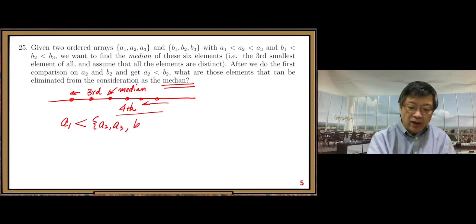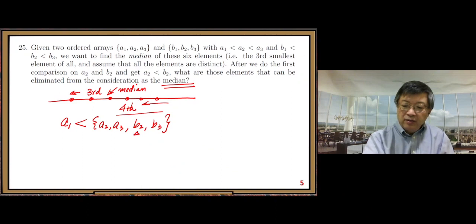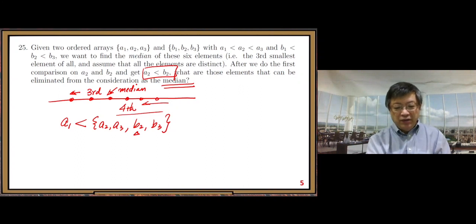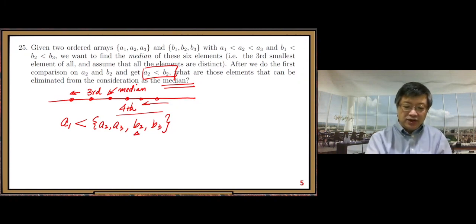Also less than B2 and B3. The reason it is less than B2 is because we have this inequality, A2 less than B2. So B2 is greater than A2, A2 is greater than A1, so B2 is also greater than A1. So with this observation, you can eliminate A1.